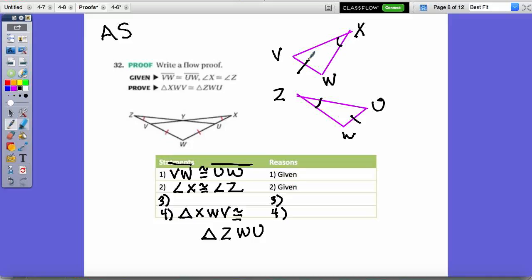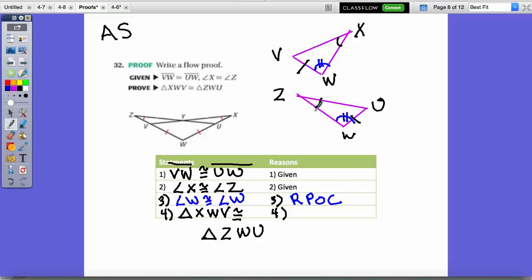Okay, so I need to try and see what else I can find is congruent. And if I look here, I can see it here also, that this angle W is congruent to this angle W. They're both angle W. And so I have angle W is congruent to angle W, and that is reflexive property of congruence.